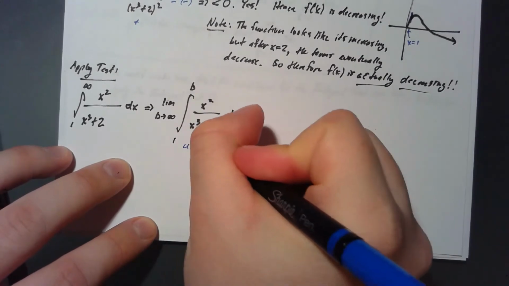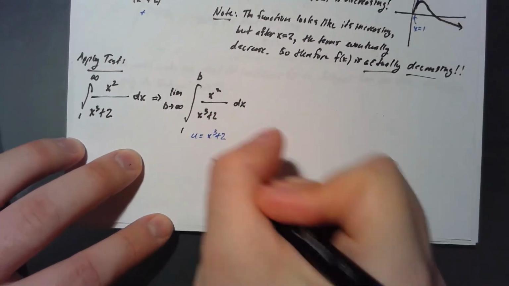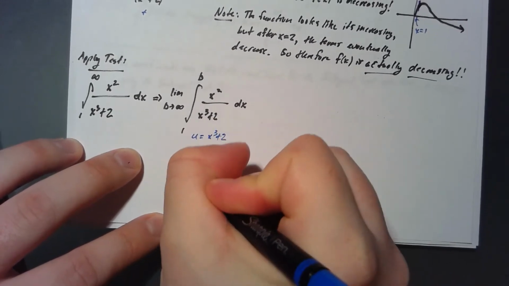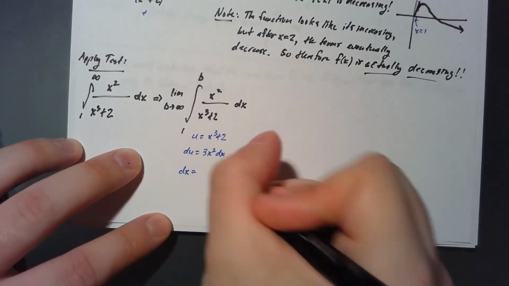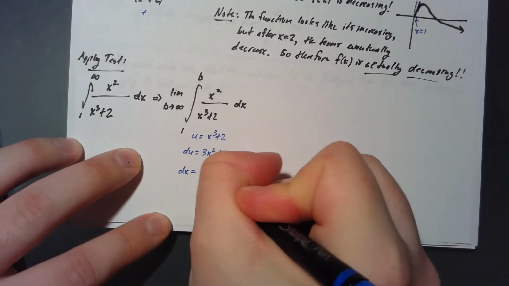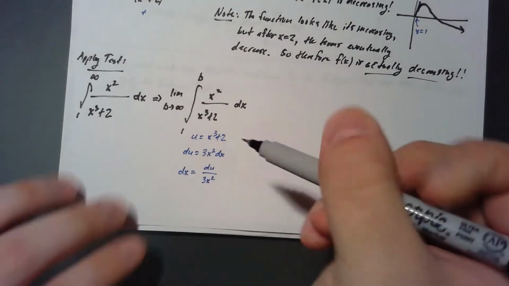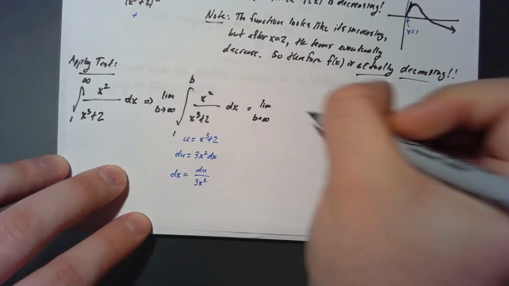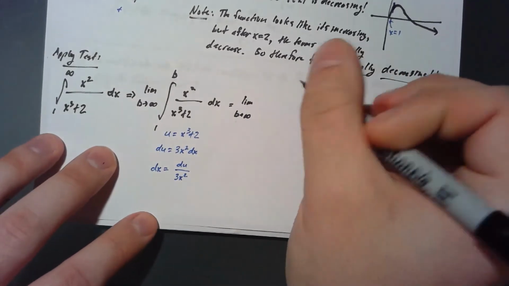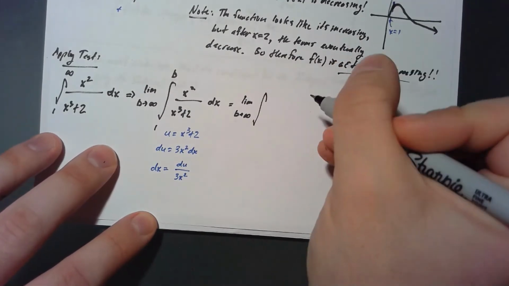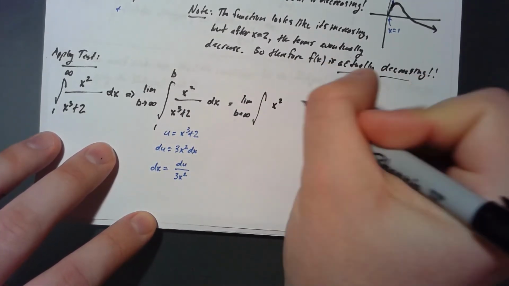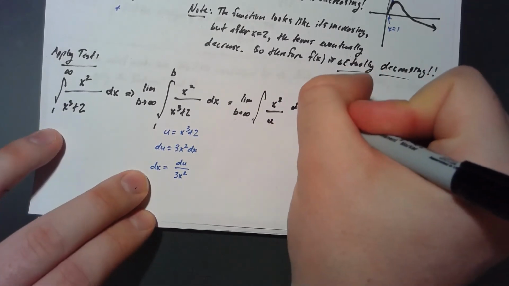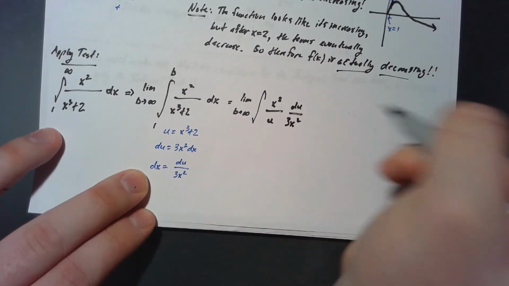u equals x cubed plus 2. du equals 3x squared dx. And dx equals du over 3x squared. So the limit as b approaches infinity of the integral of x squared over u, and dx becomes du over 3x squared.